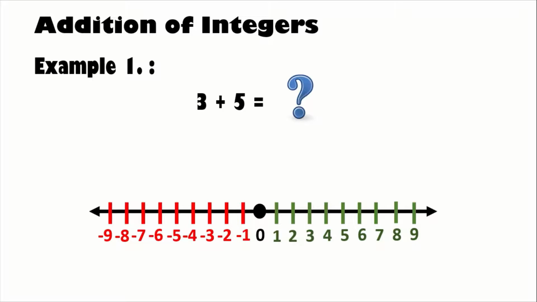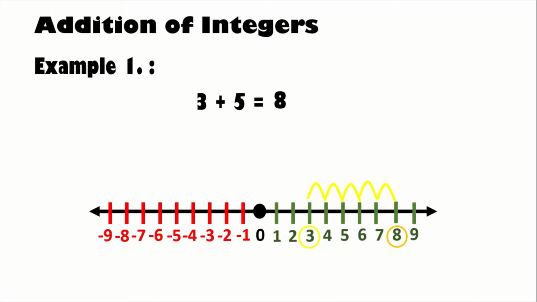So we encircle positive 3, and then plus 5 signifies we will move 5 times from left to right. 1, 2, 3, 4, 5. So the answer will be positive 8.